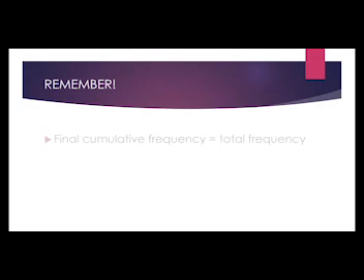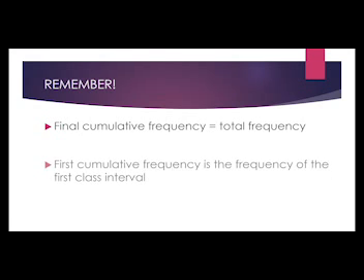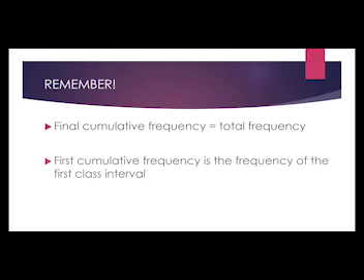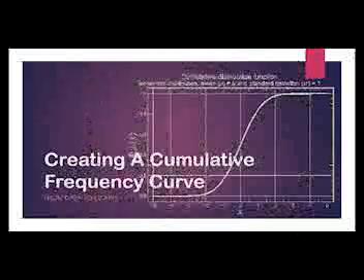So if you do your addition for your cumulative frequencies and you don't get the total frequency for your problem, then you need to go double check and make sure that you have added the correct values. For this particular problem, we had a total number of students of 100, and that's why our cumulative frequency is 100.